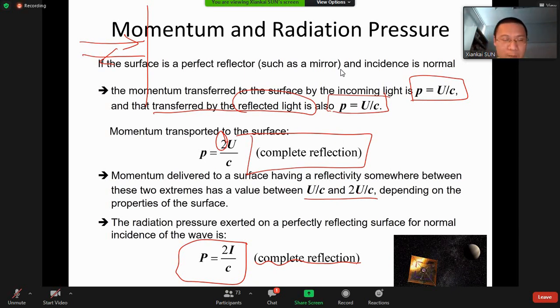Although this radiation pressure is very small, it is always pushing this kind of equipment. So as time goes on, this can still accumulate to a very large velocity.